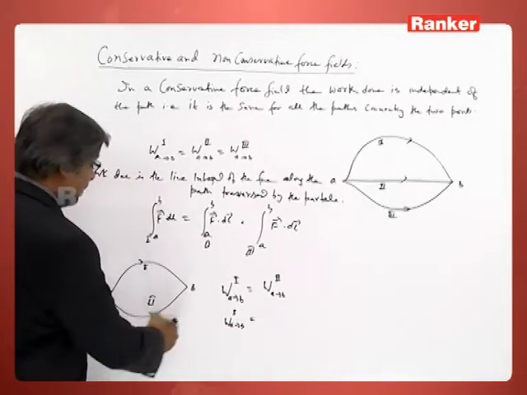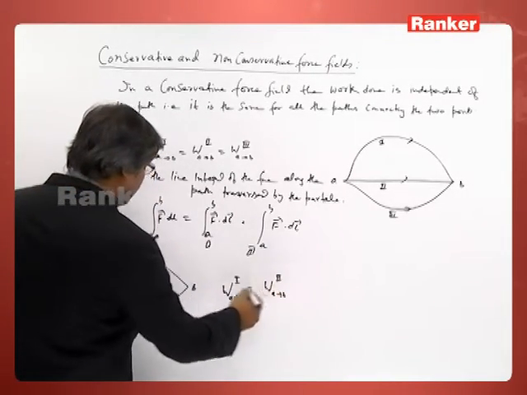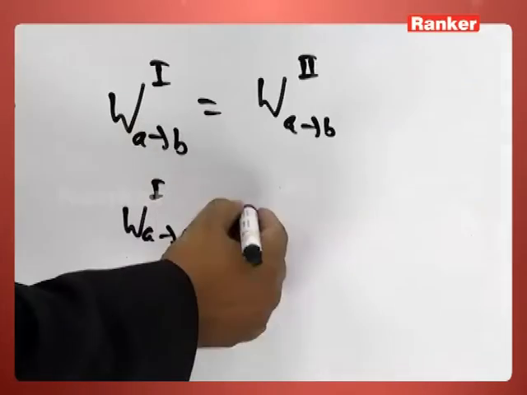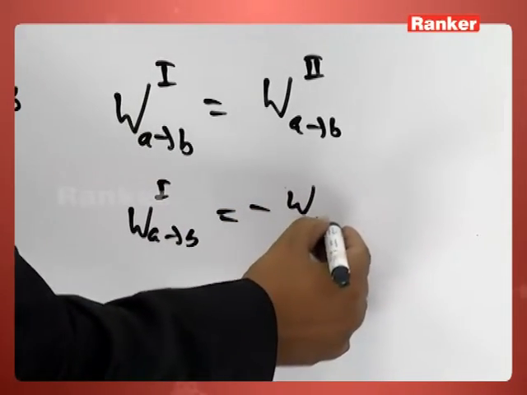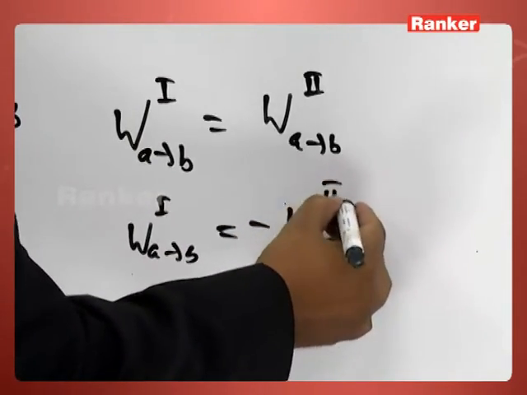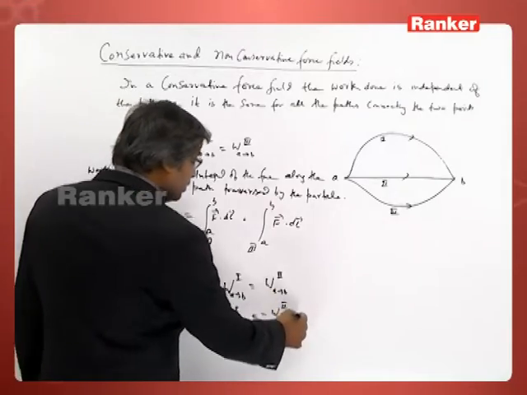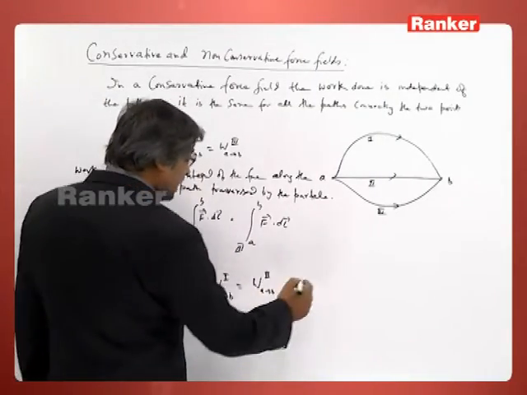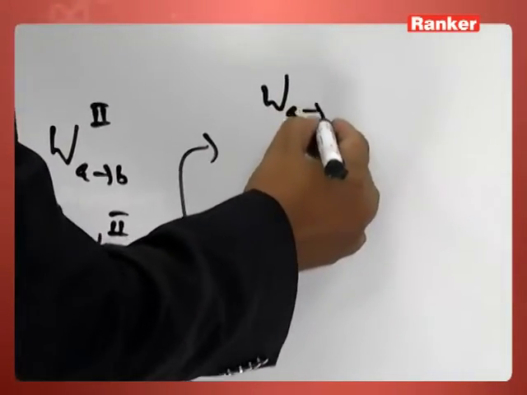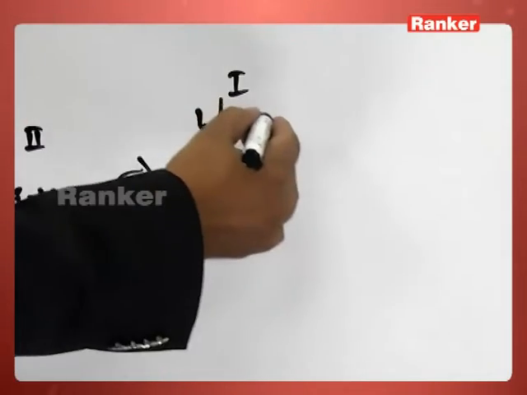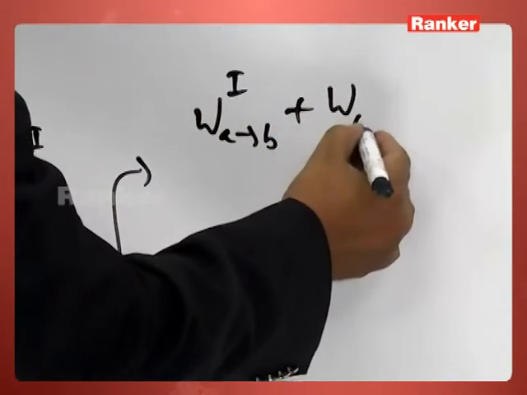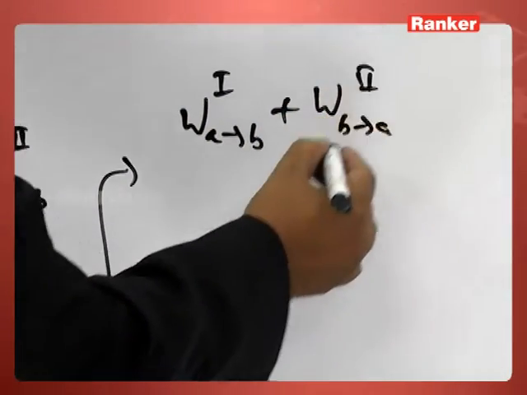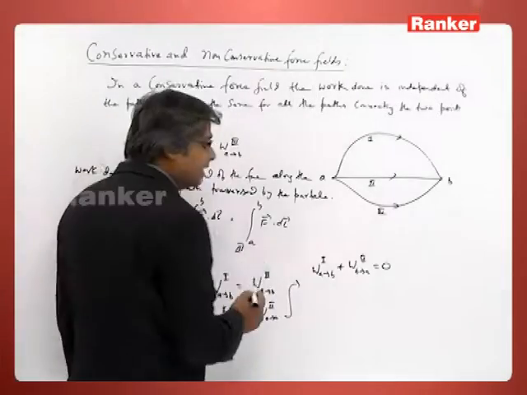So if I move from A to B, I have to do this work. If I have to come back, I have to do minus work, so B to A, path 2. So if I go from A to B by path 1 and then come from B to A by path 2, then the total work done is 0.